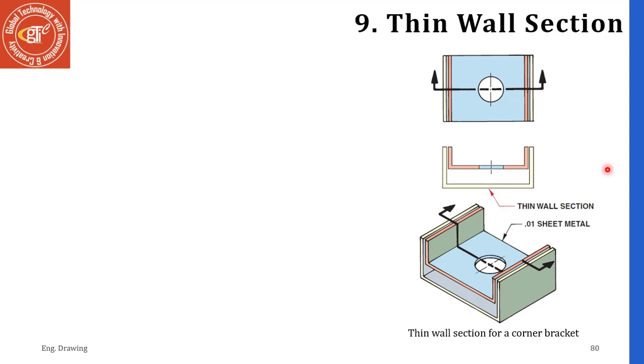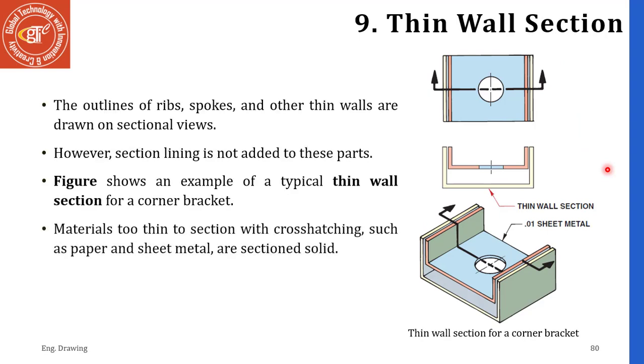Thin wall section. The outlines of ribs, spots and other thin walls are drawn on the section view. However, the section lining is not added to these parts. The figure shows an example of a typical thin wall section for a corner bracket, as the materials are too thin to section with cross hatching, such as paper and sheet metal, which are sectioned solid.